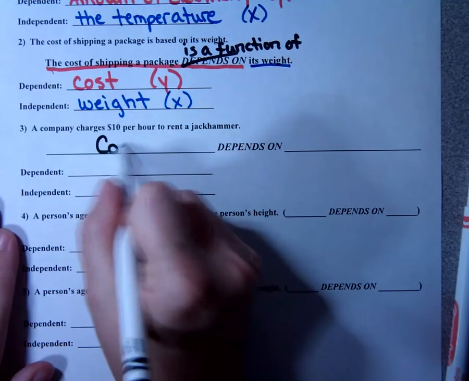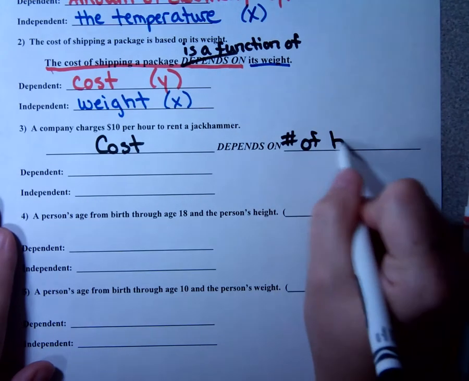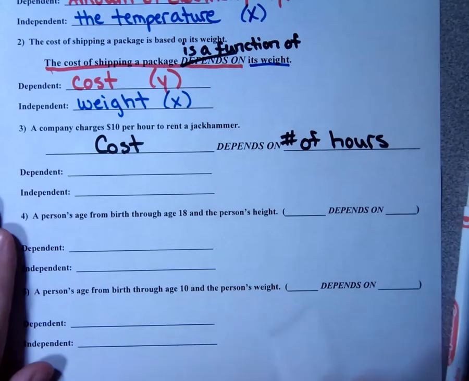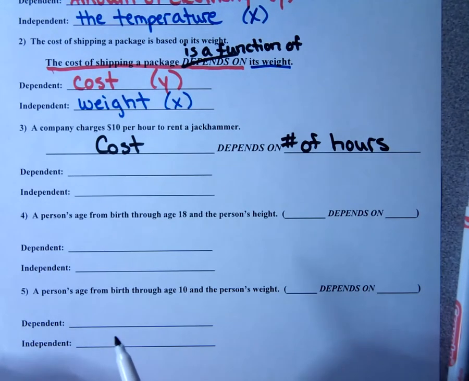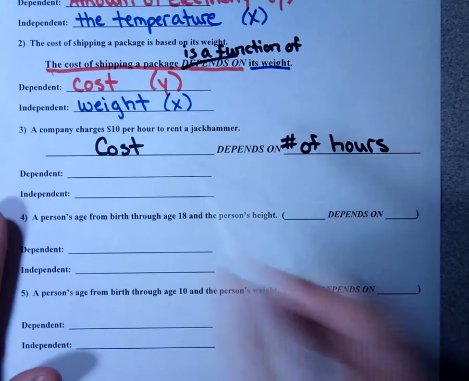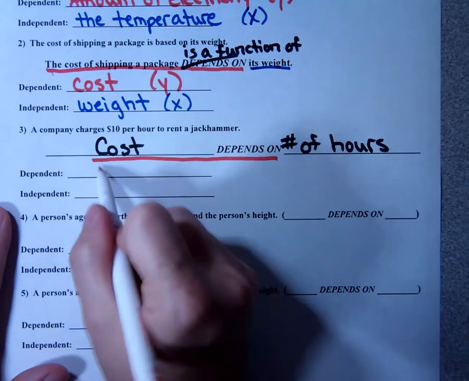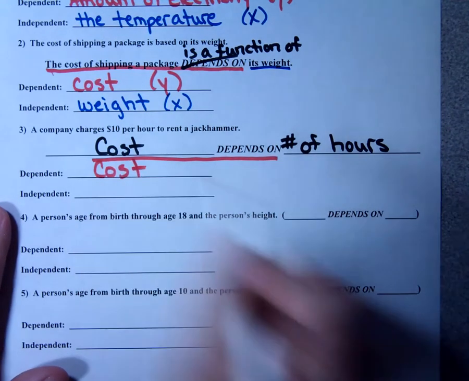The cost depends on the number of hours you use the jackhammer. Okay, so which one is the dependent variable? That's right, it's cost. Whatever does the depending on, that is your dependent variable.